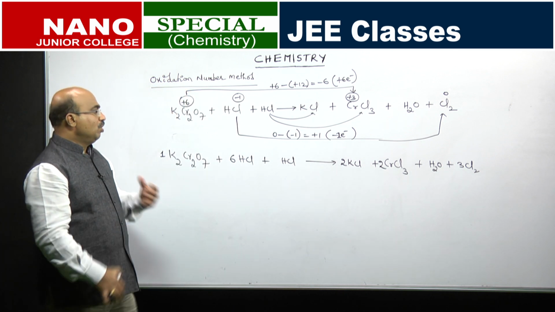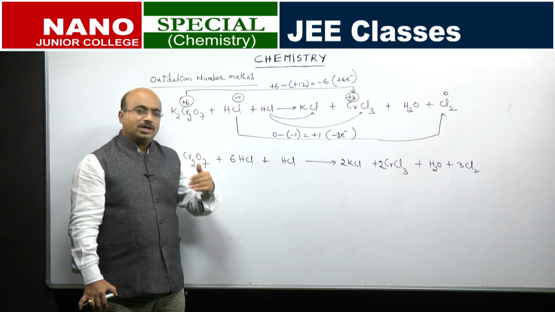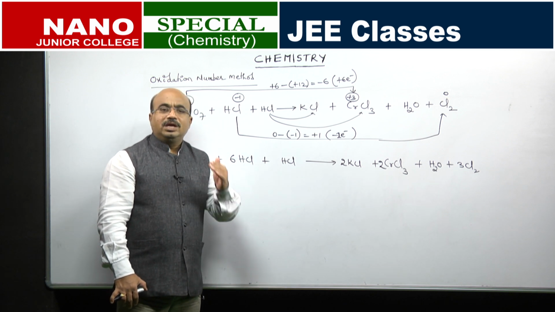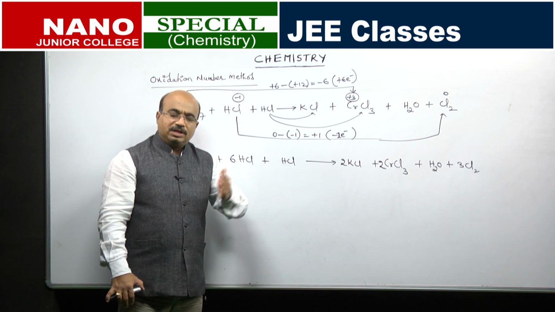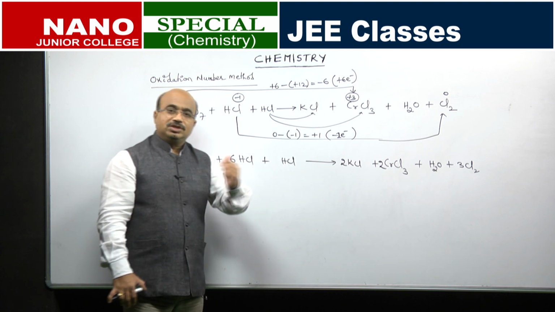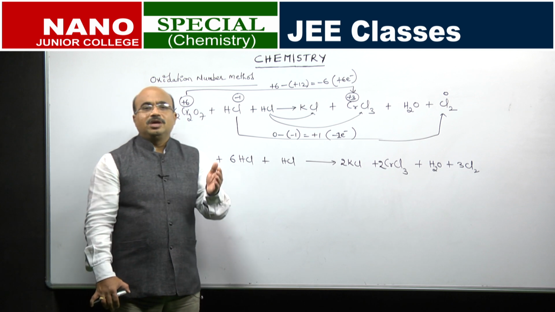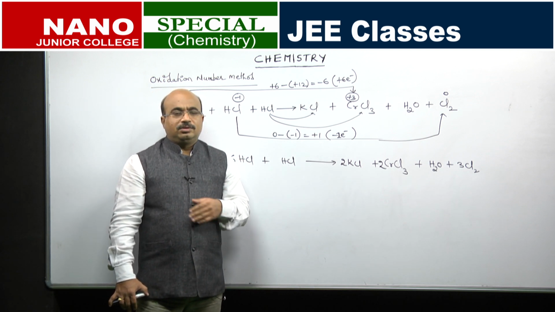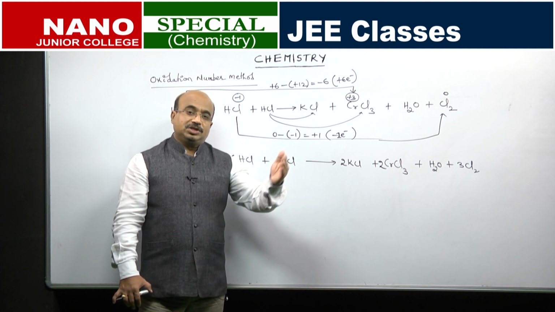Now, the chlorines which are not changing. We are doing the atoms other than hydrogen and oxygen first, because they will be repeated less in the equations, meaning they will come in only one or two compounds. Other than that you will not see repetition.